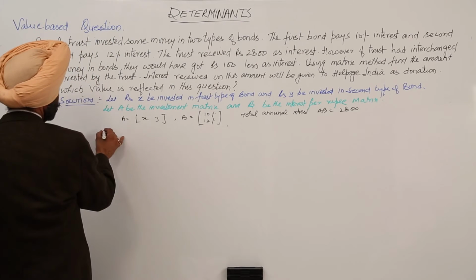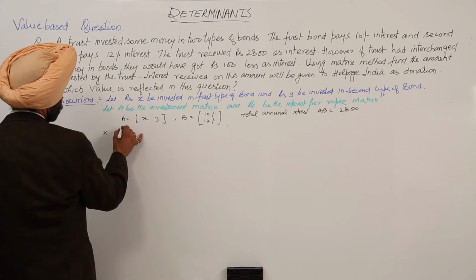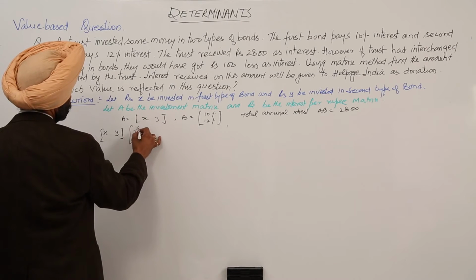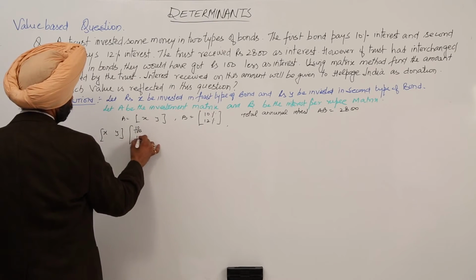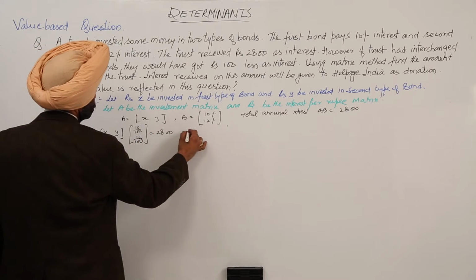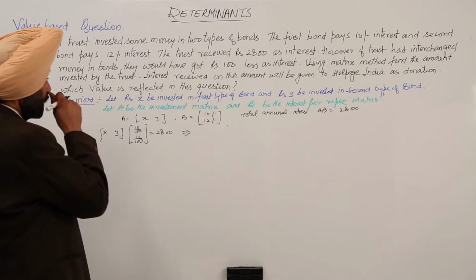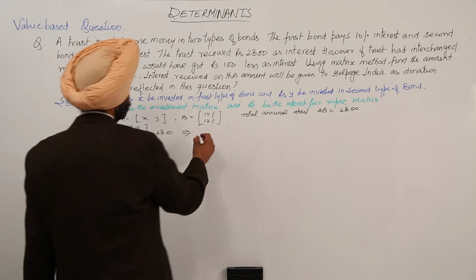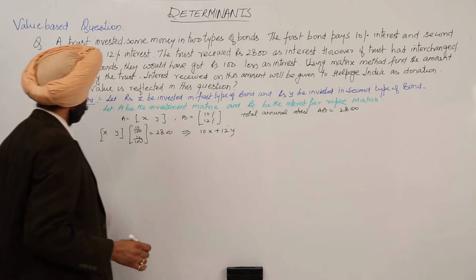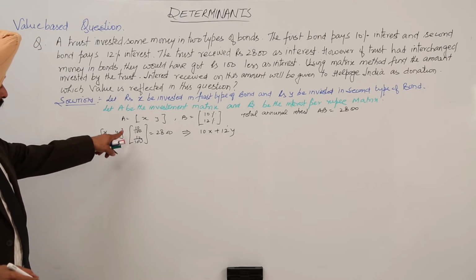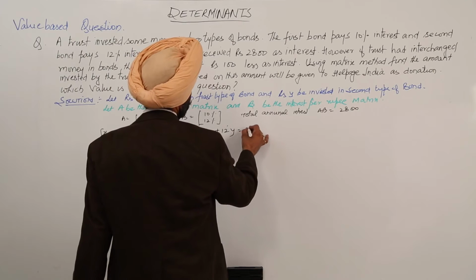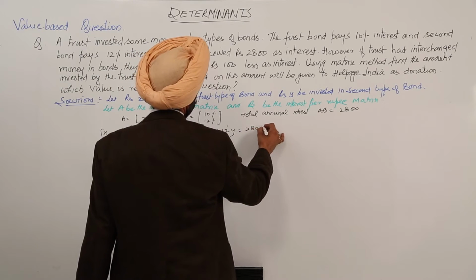Now, we can write it as [x y] with 10 upon 100 and 12 upon 100 is equal to 2800. Or writing this in the equation form, 10 upon 100 x plus 12 upon 100 y is equal to 2800. I am directly writing it as 10x plus 12y is equal to 280000.